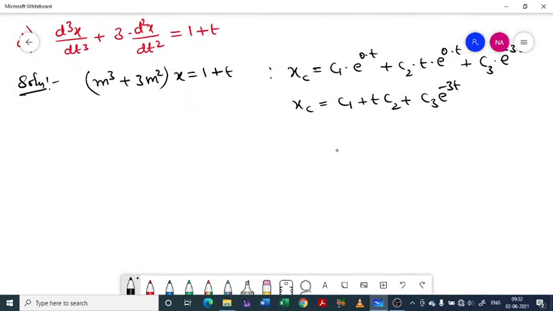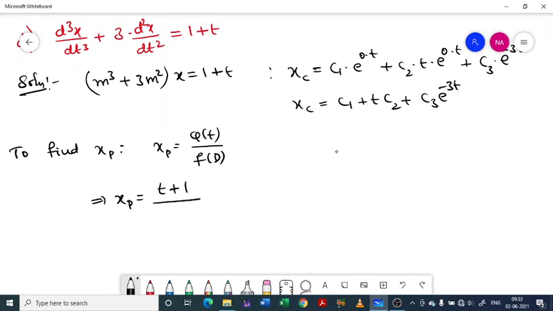Now to find xp, xp equal to phi of t divided by f of d. So obviously it will be xp equal to phi of t, that means t plus 1, divided by 3d square plus d cube.